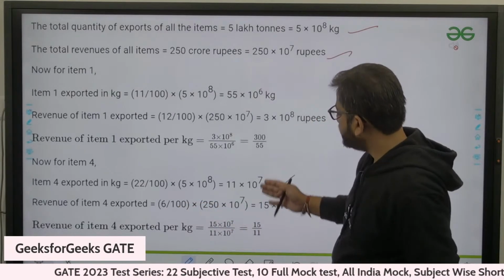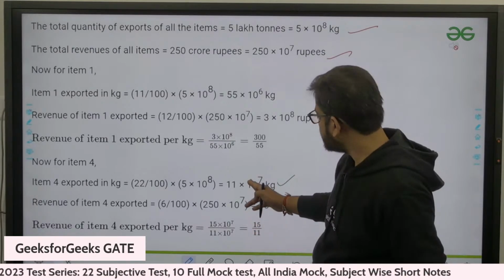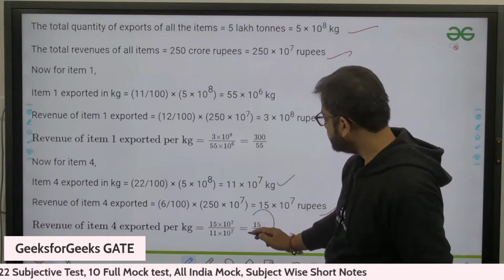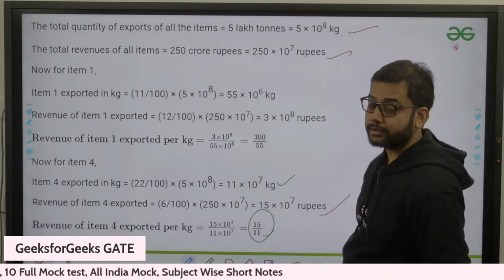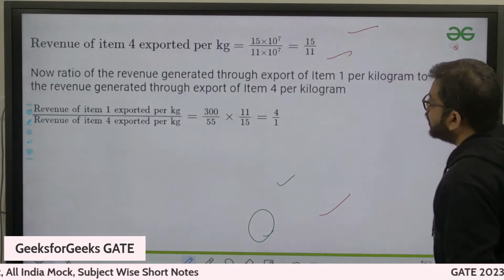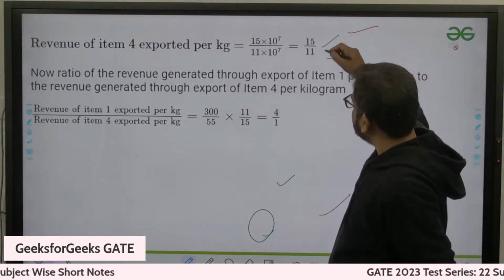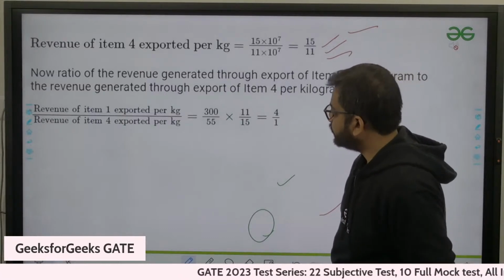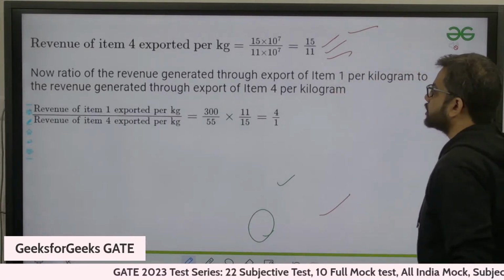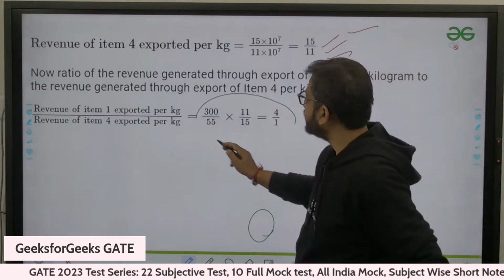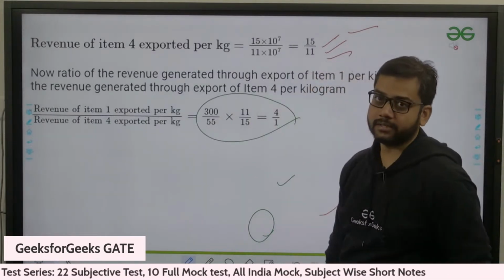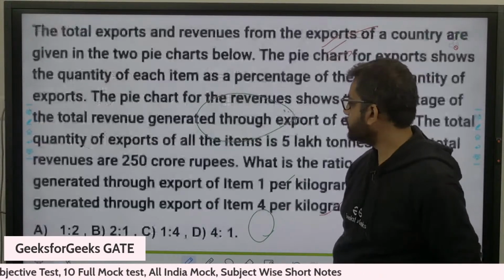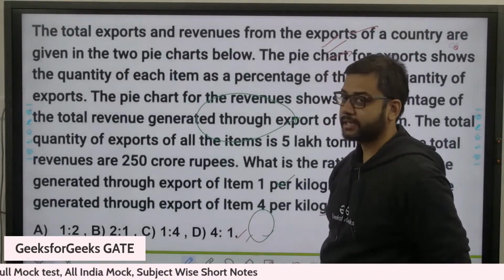Once you do this ratio part, you will get the revenue. So the revenue of item 1 exported to the revenue of item 4 exported, multiply and you will get the final answer. The answer is 4:1. Option D is the correct option.